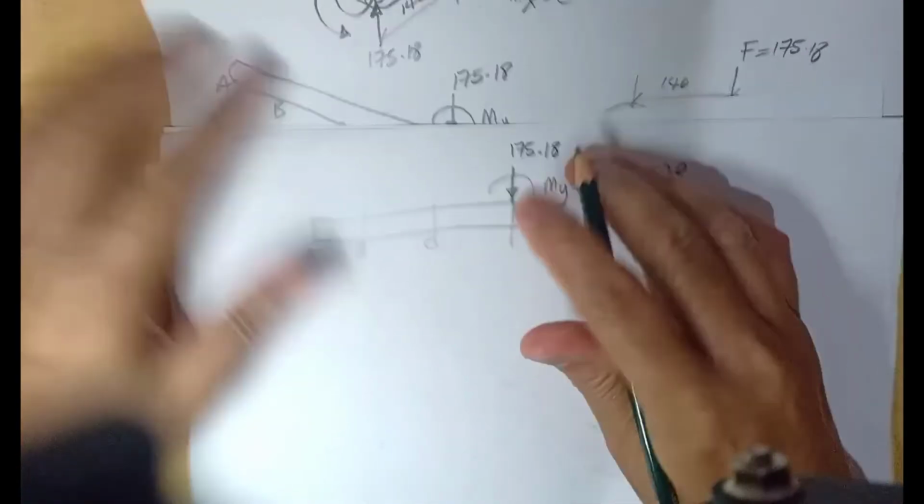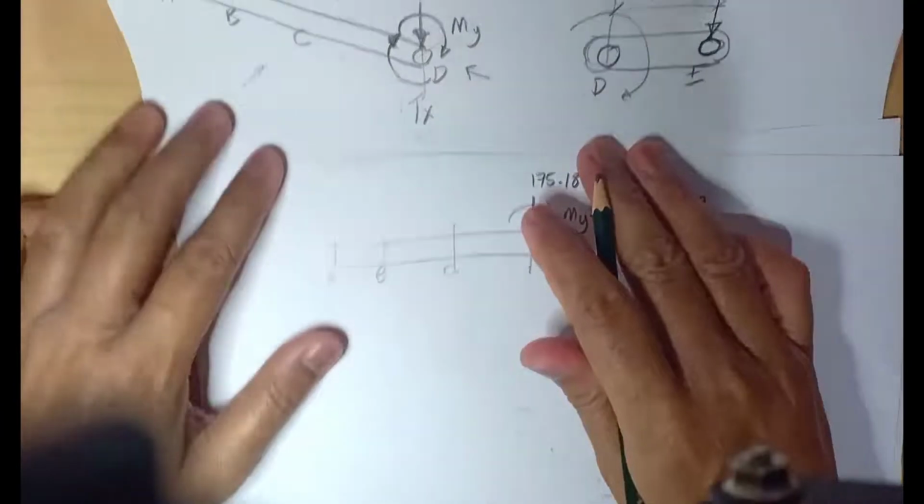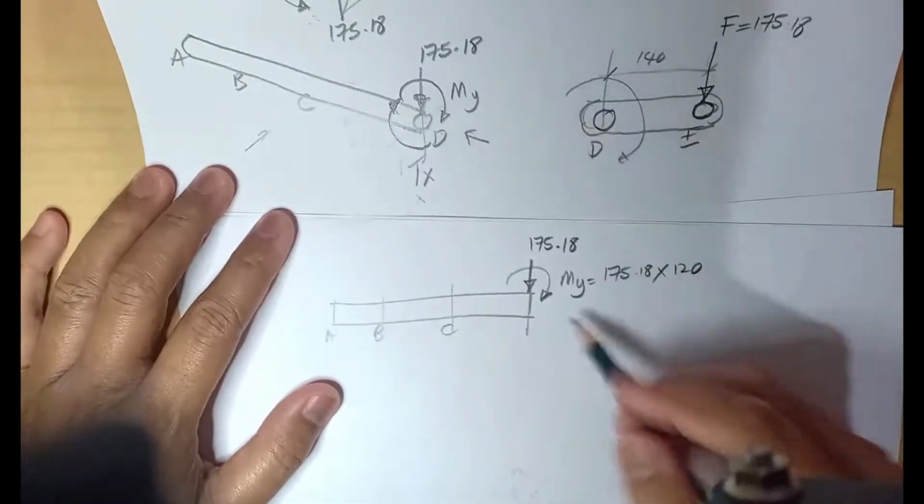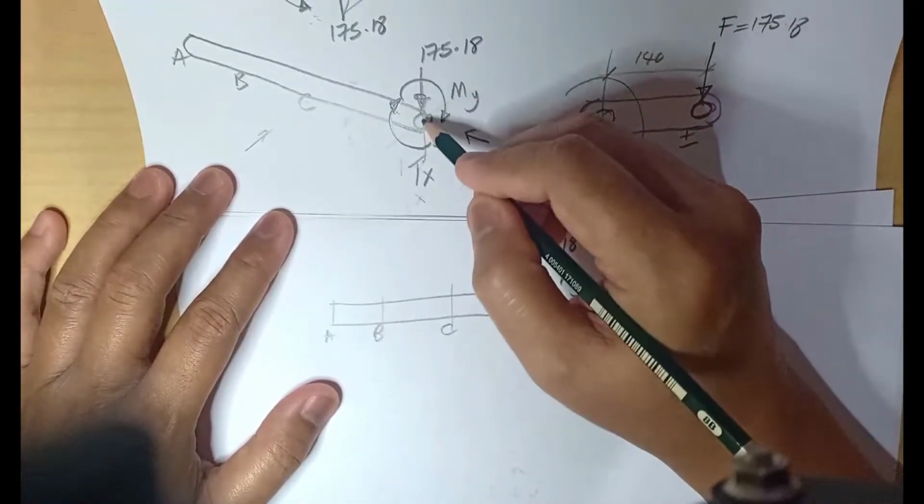So on the shaft we have moment Y, and the force is downward.